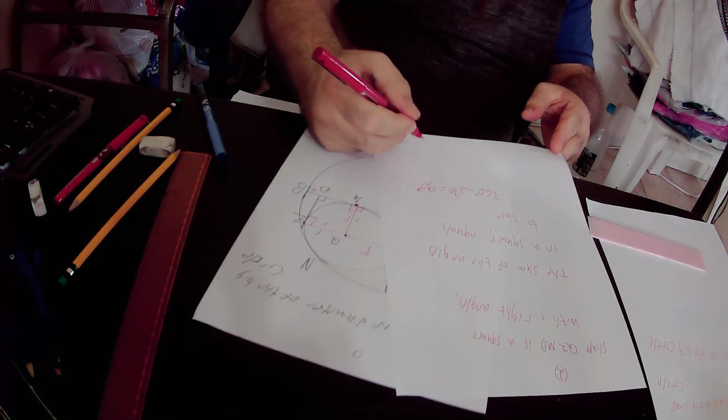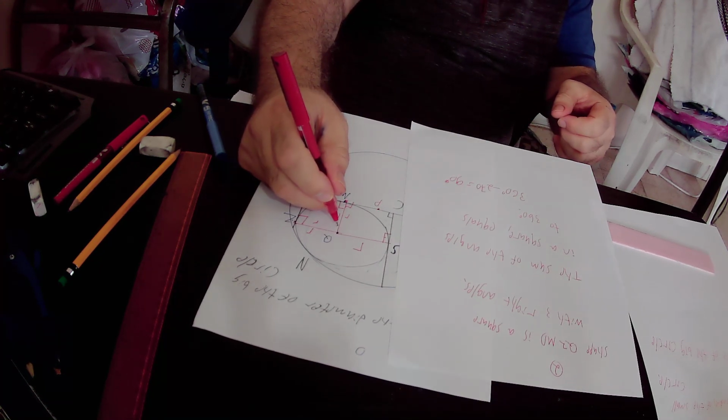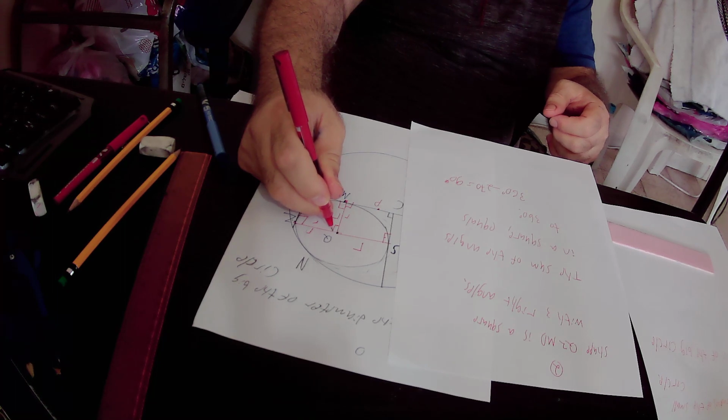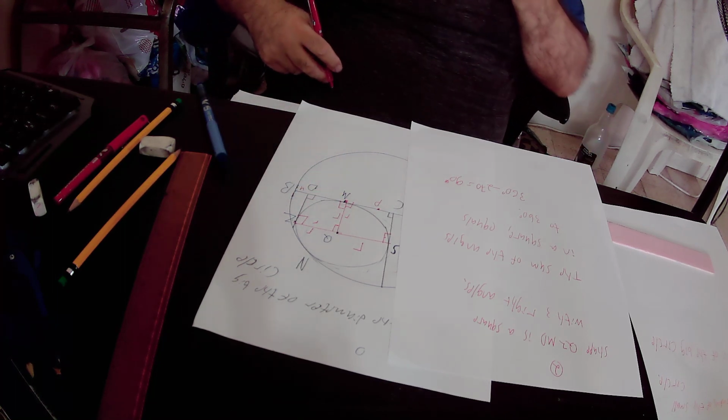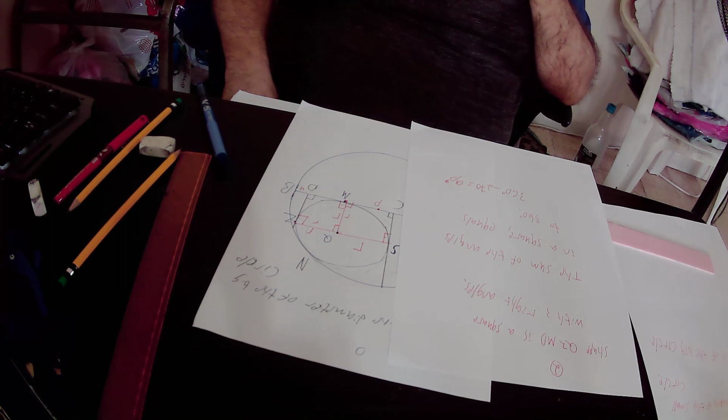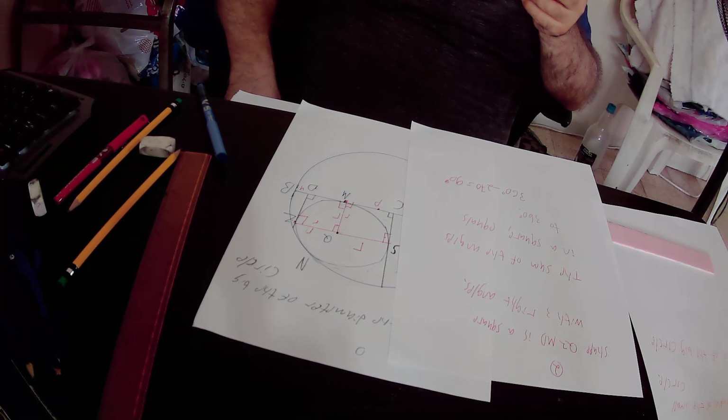That is to say, the 4th angle is a right angle. And any square that has 3 right angles is a rectangle. Therefore, QZMD is a rectangle.